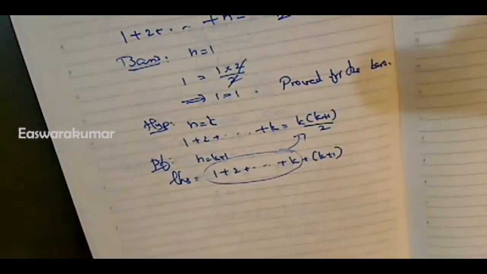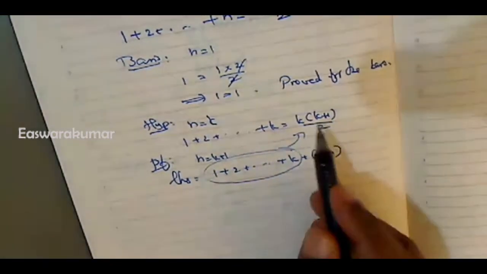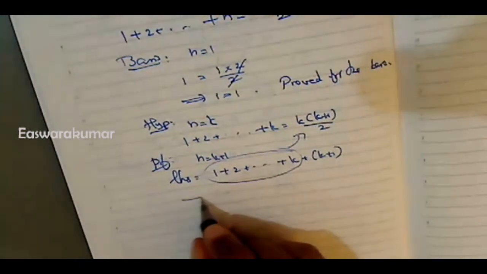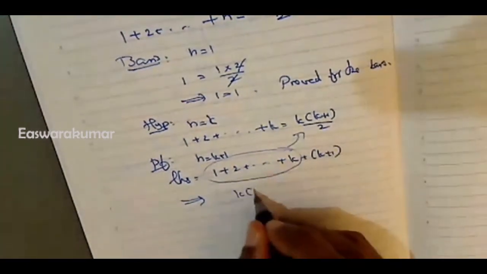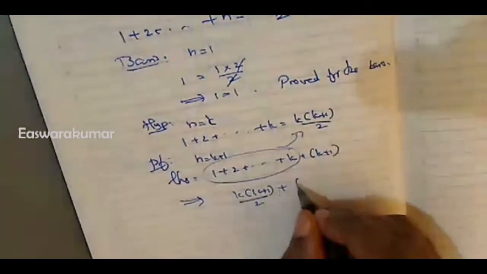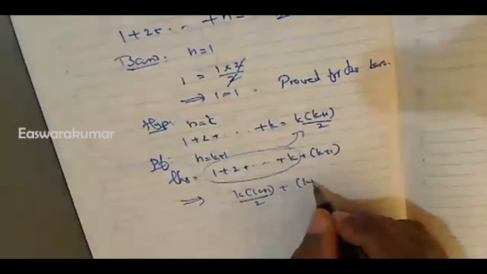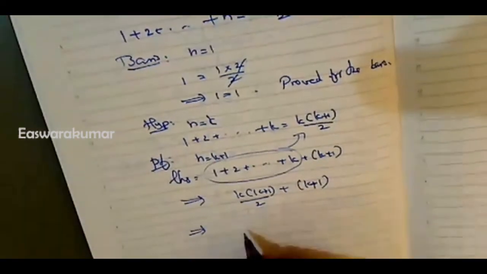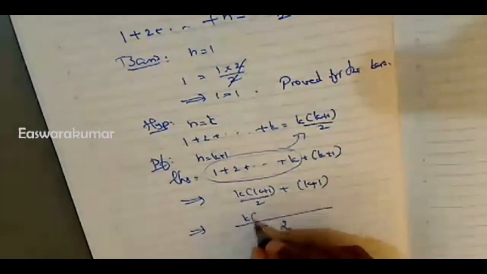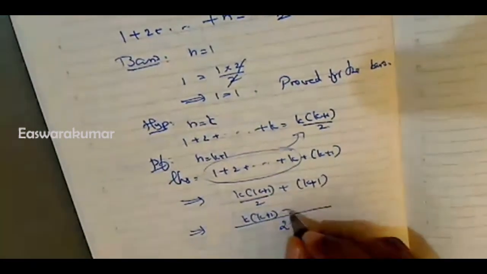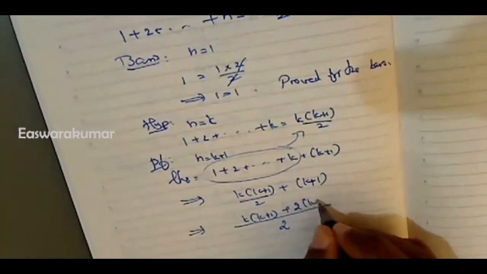Fine. So what can we do? We can substitute this value here. What's the value for this term? That is k into k plus 1 divided by 2, and here it is k plus 1. Now we can take the LCM, which is 2. Here k into k plus 1, and here 2 into k plus 1.